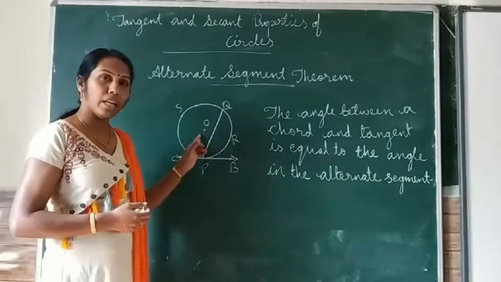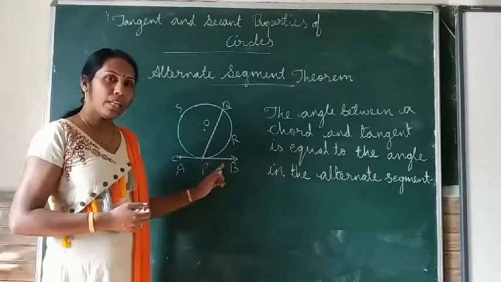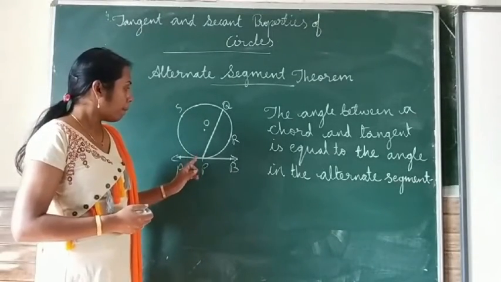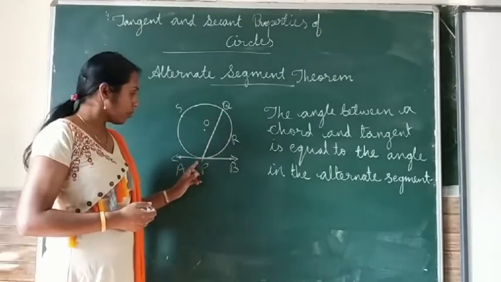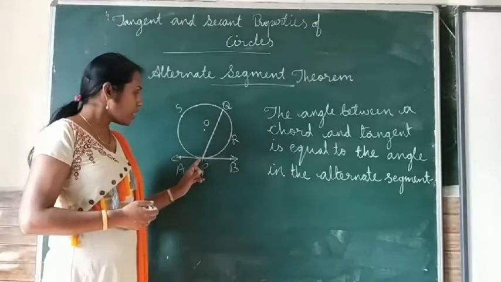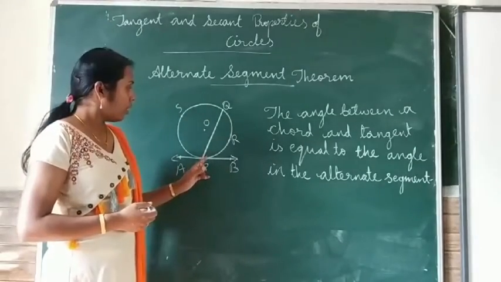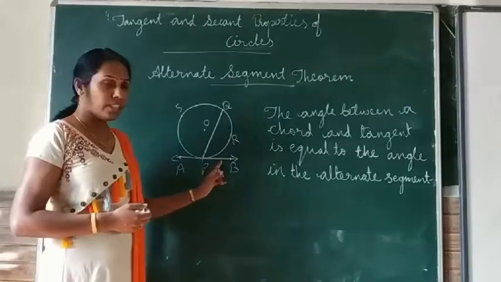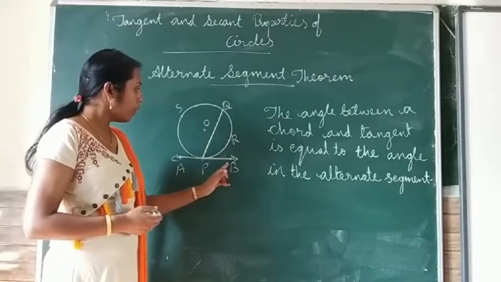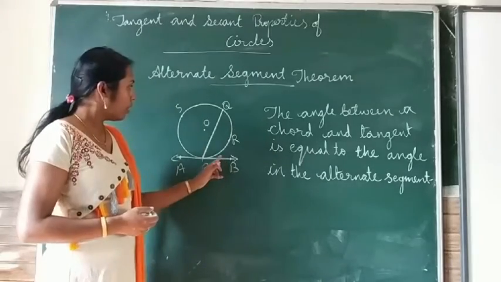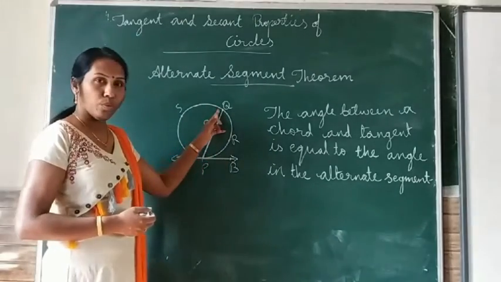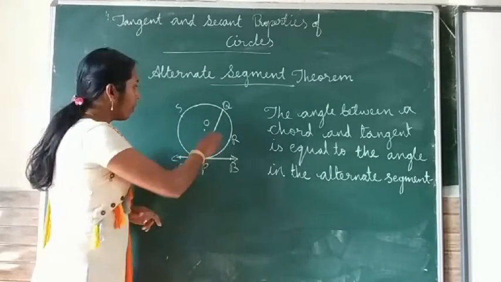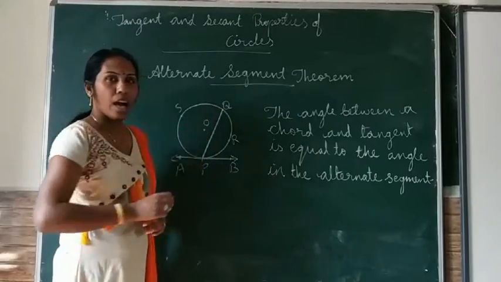Consider a circle with center O. The line AB is a tangent to the circle at the point P. If we consider angle QPB, the segment PSQ is the alternate segment.